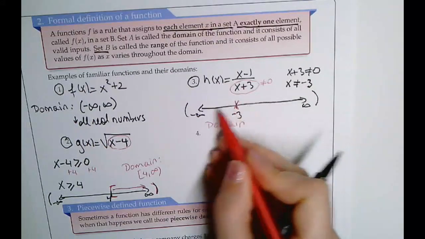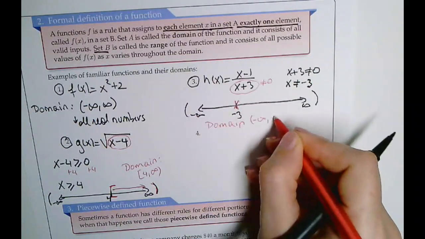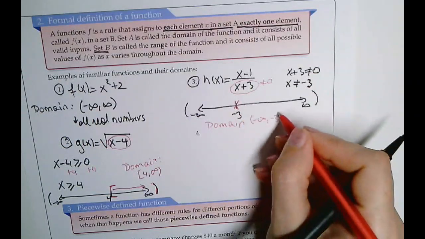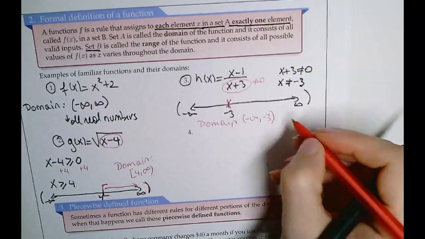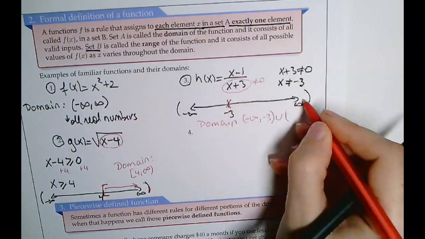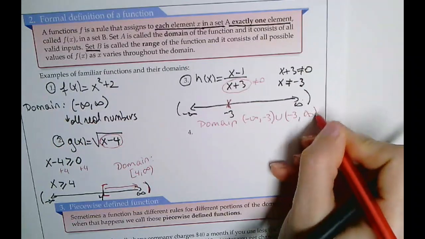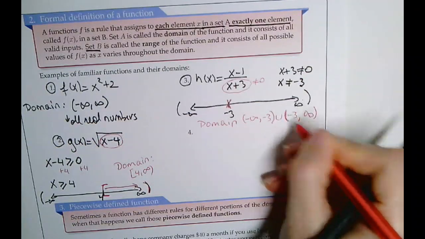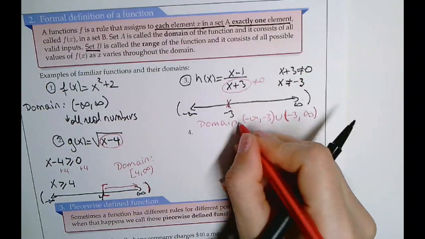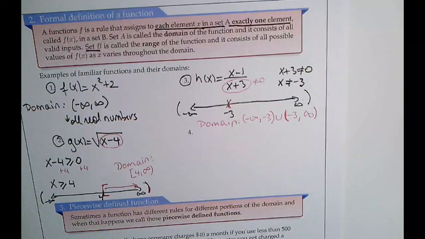It's everything before -3, so -infinity to -3, but not including -3, so I'm going to put a parenthesis instead of a bracket. And then we use union. And everything after -3, but not -3, again parenthesis -3 to infinity. So this will be the domain for this h of x in interval notation.